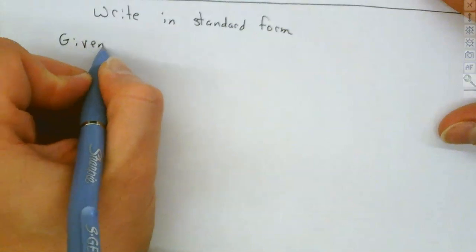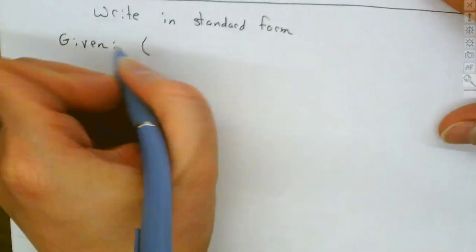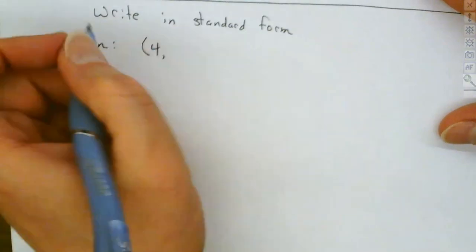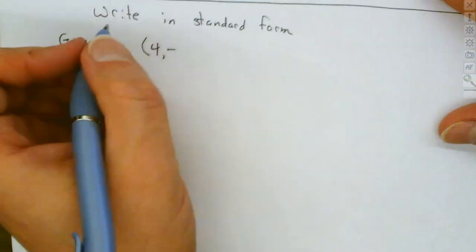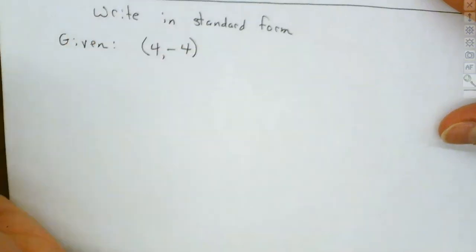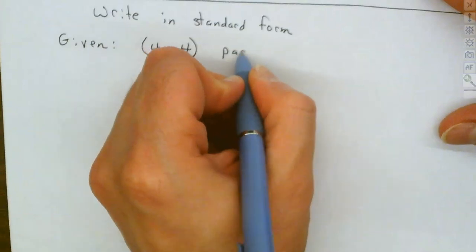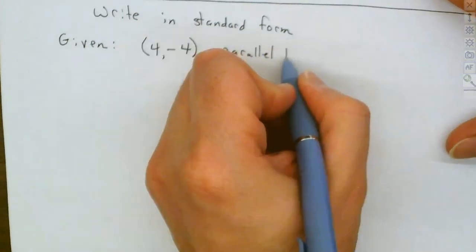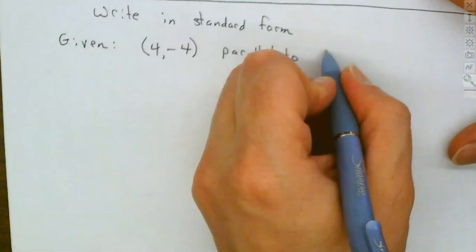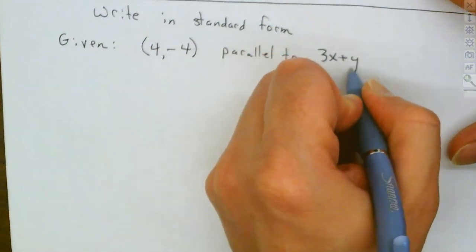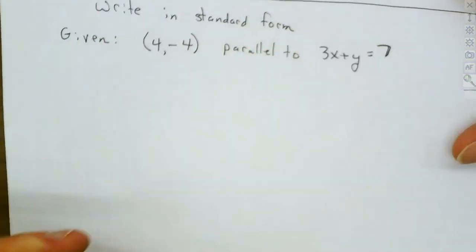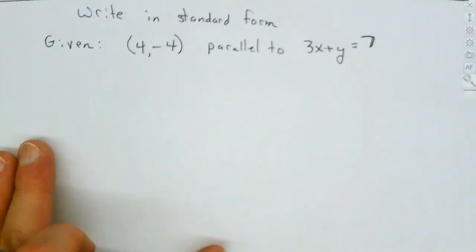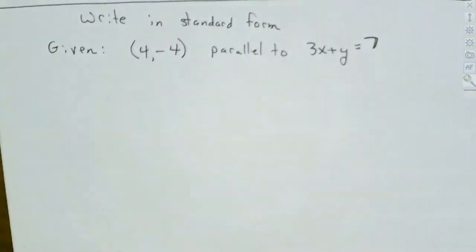And you're going to be given the point, how about negative 4? And we want it to be parallel to this equation. How about 3x plus y equals 7? So you're going to have to be given a point and a slope.